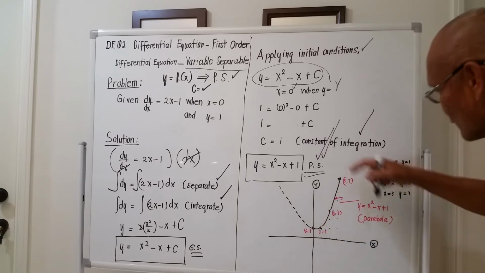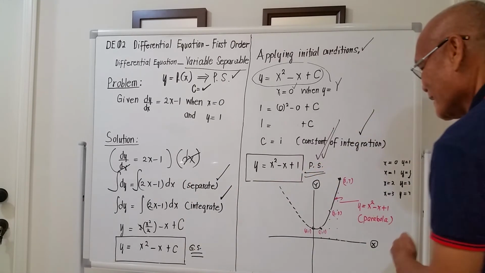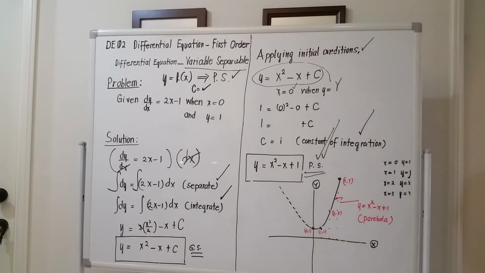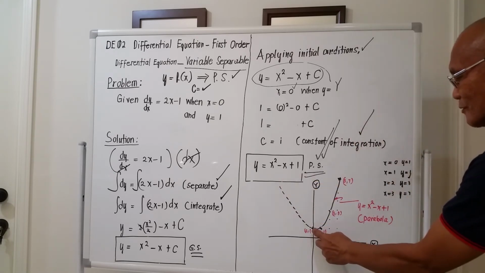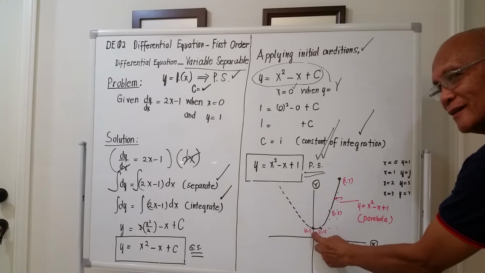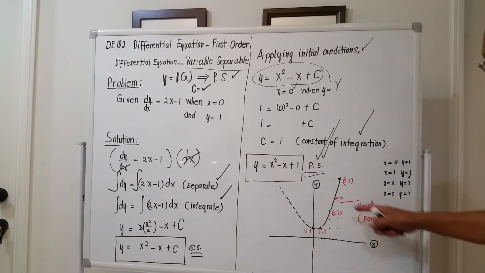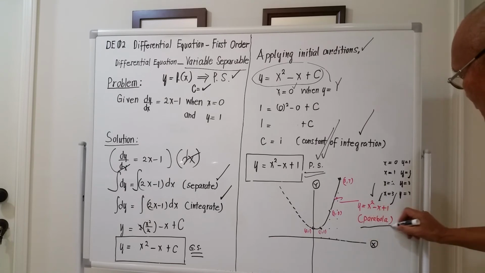That is half of the equation. And supposed to be, if we assume values on the negative side, what will come out will be the same as this one. So actually what will come out is a parabola that opens upward, and the vertex is at 0 and 1. That's the meaning of this. Okay? So the equation of this one is y equal to x squared minus x plus 1, a parabola.